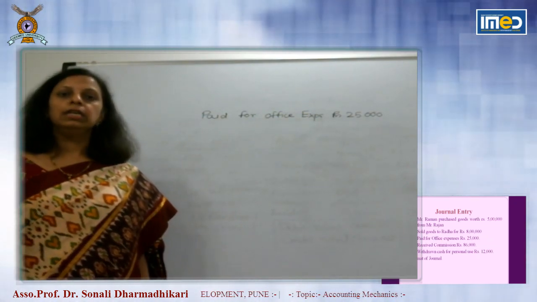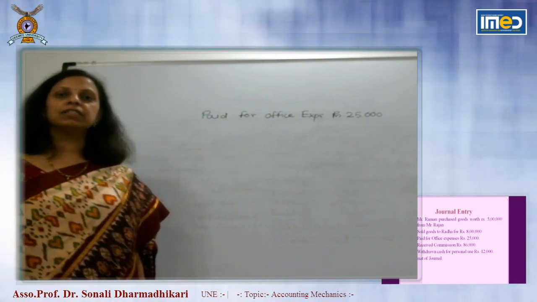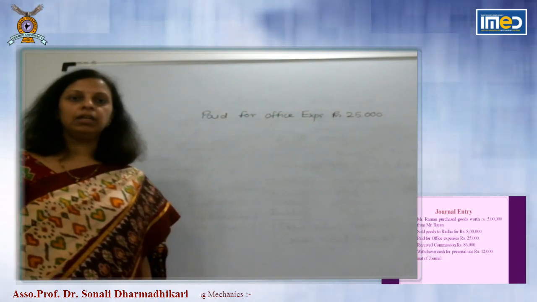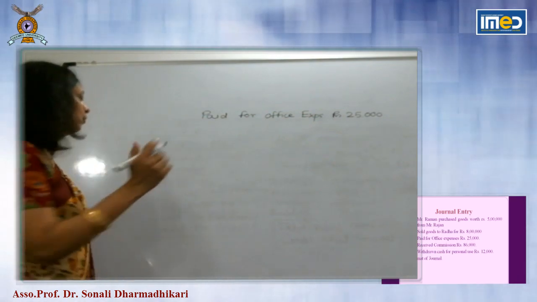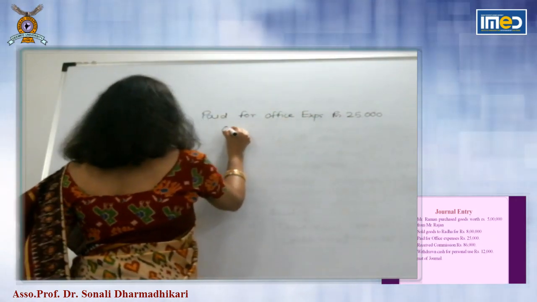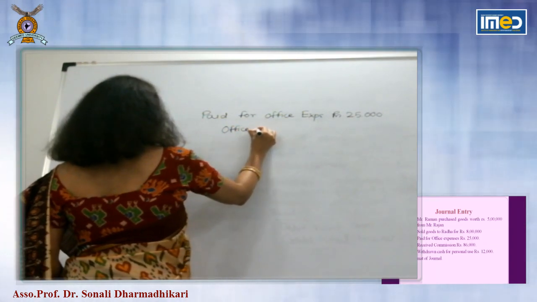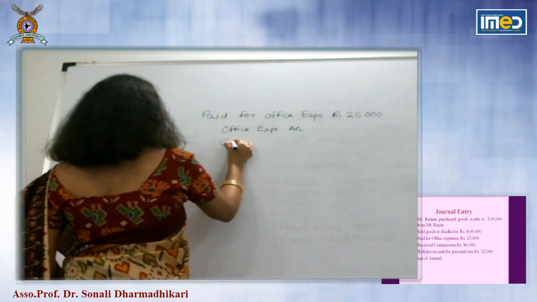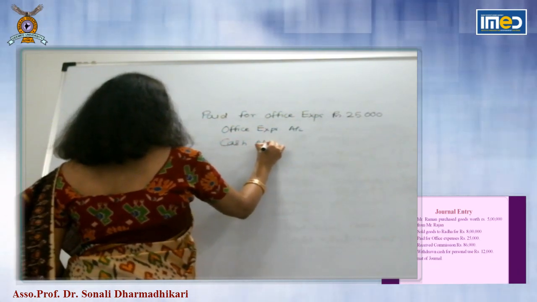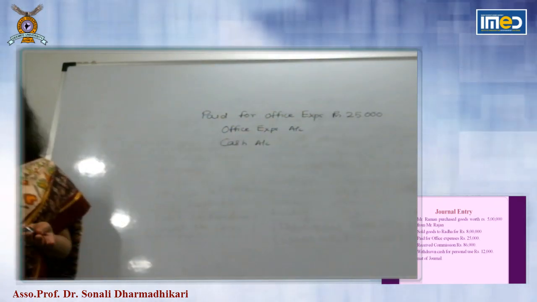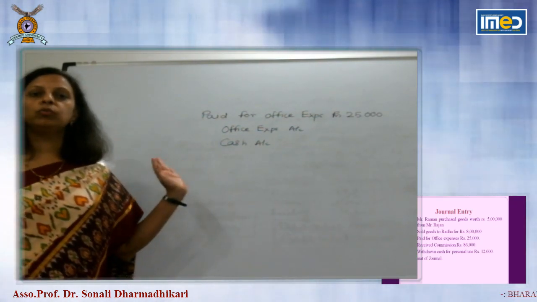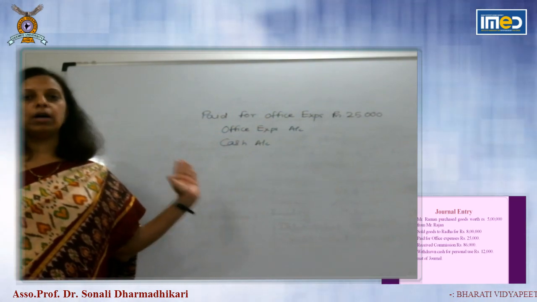It is never mentioned that paid for office expenses in cash. It is implied when you pay something, you pay cash. So what are the two accounts involved? Office expenses account and cash account. Every business transaction involves two accounts, and step 1, you have to find out those two accounts.